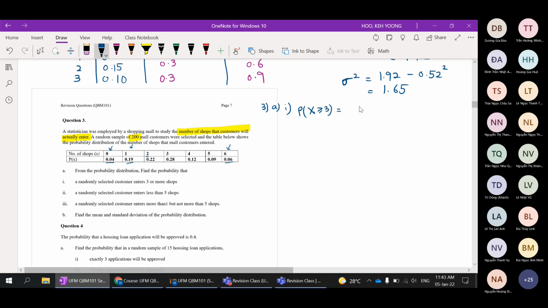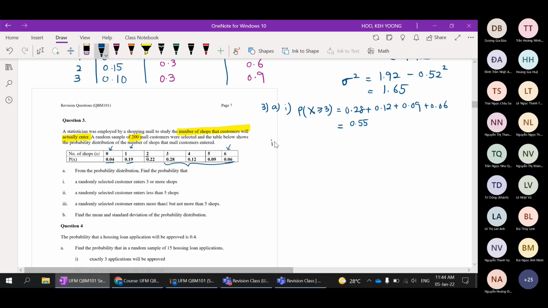Based on the table, you will have 3 plus 4 plus 5 plus 6, so we add up the probabilities: 0.28 plus 0.12 plus 0.09 plus 0.06. The answer is 0.55. That means at least 3 shops.